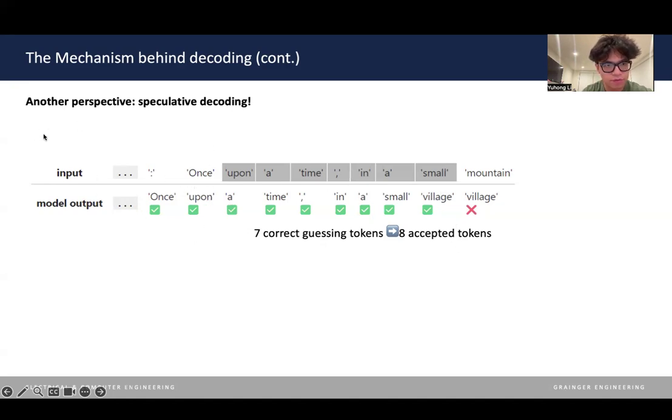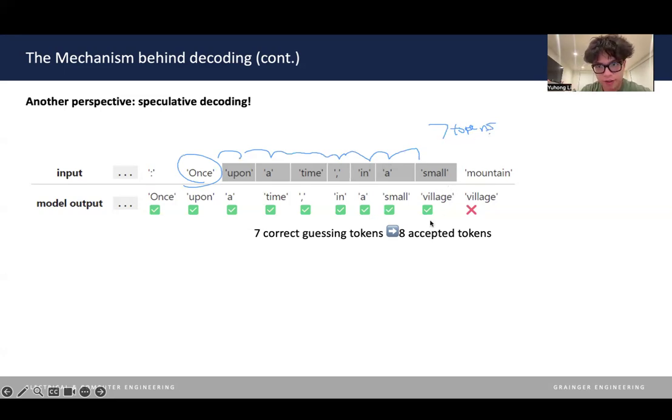However, let's see. We feed once into the small model, and the small model generates these 3, 4, 5, 6, 7 tokens. They are correct.